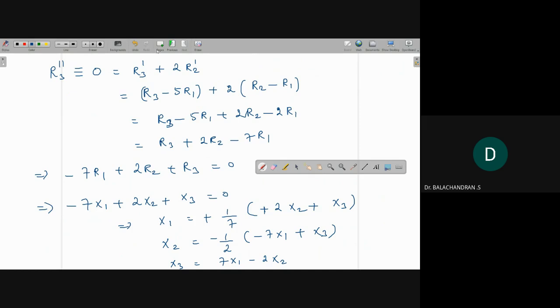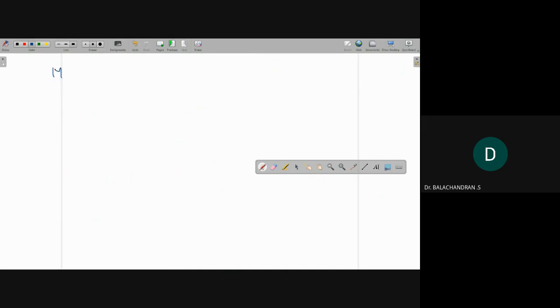Last method, method 3. This is the easiest method. A is 1, 1, 2; 1, 2, 5; 5, 3, 4.